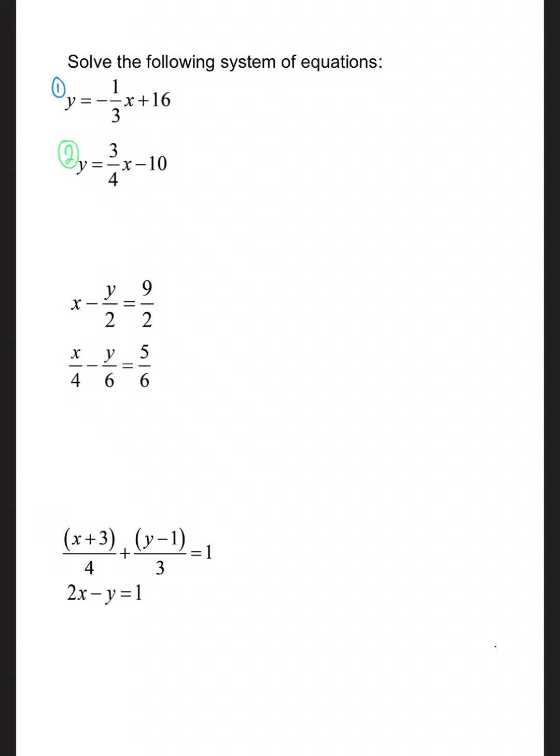Remember, we want to use substitution if a variable has already been isolated. So we looked at this way back when we first started looking at substitution in linear systems, and they've already done the work for us. They have y isolated in equation 1 and y isolated in equation 2. So just based on that alone, we should be wanting to use substitution.